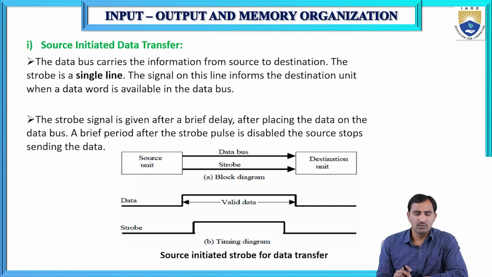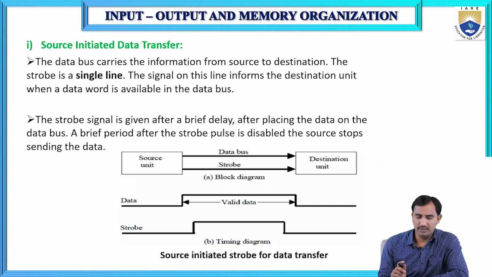So we have again two types. The first one is source initiated data transfer. We have a source unit and a destination unit. The source unit places the data it wants to transfer on the data bus. After a certain time, the source unit will assert a strobe pulse, meaning the source unit sends a strobe pulse to the destination unit.